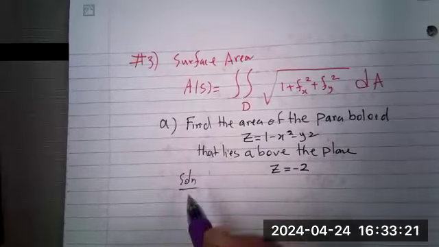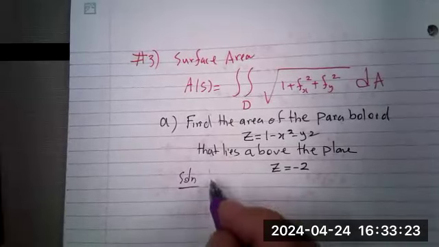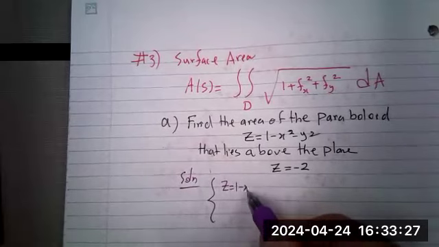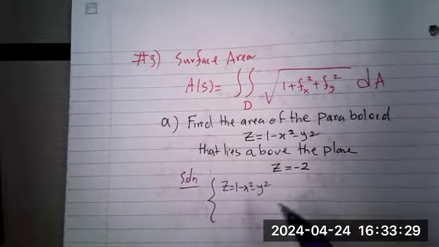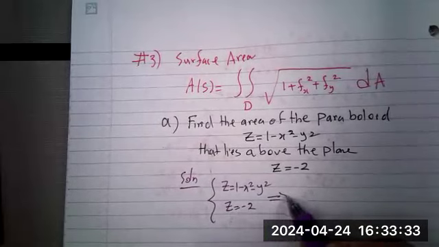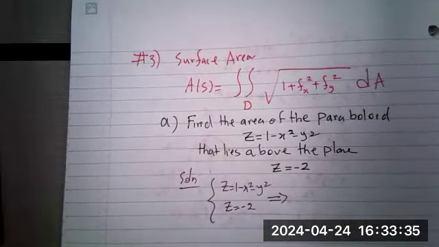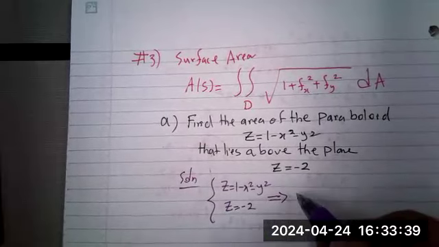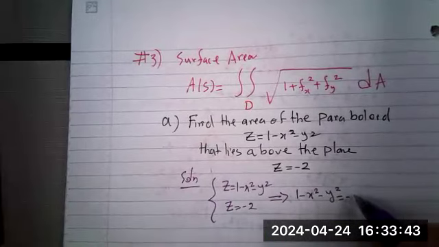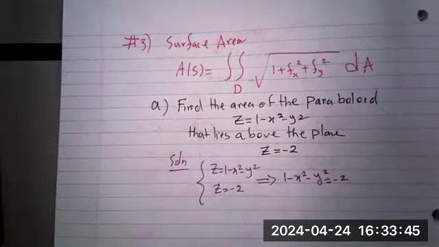Solution: you have to find this intersection first. So z equals 1 minus x squared minus y squared, and z equals -2. To get to two dimensions, you should have an equation in x and y. So you let them equal each other: 1 minus x squared minus y squared equals -2.